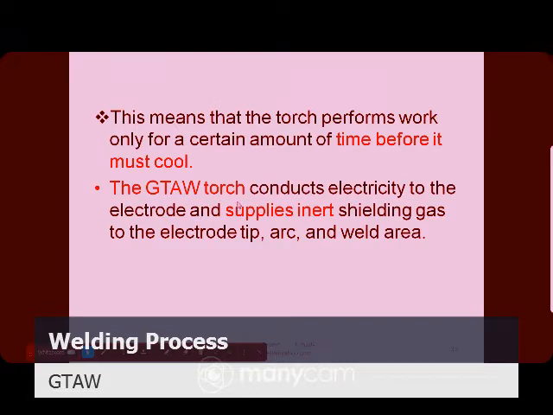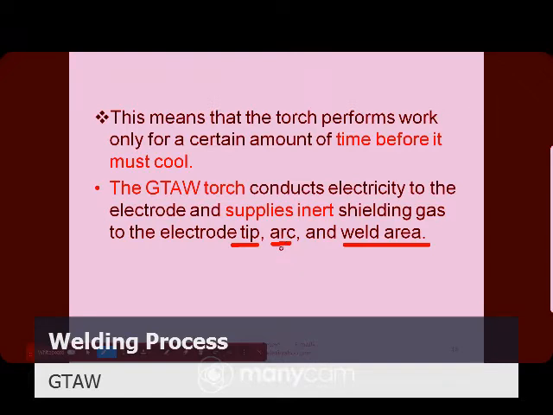So the gas tungsten arc welding torch conducts electricity to the electrode and supplies inert shielding gas to the electrode tip and arc welding areas. As we already discussed, the electrode tip may be contaminated by air. We also need a stable arc.